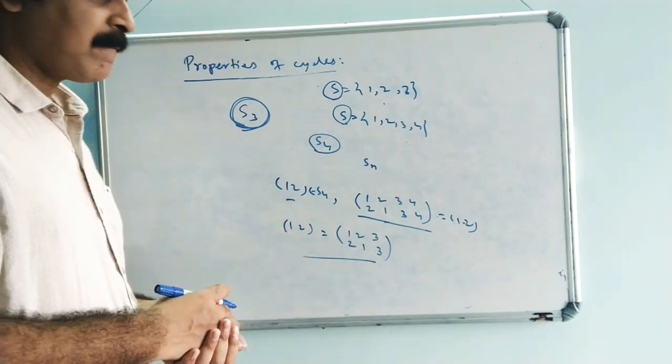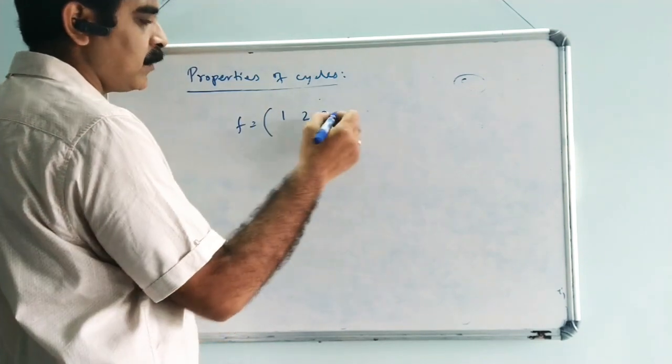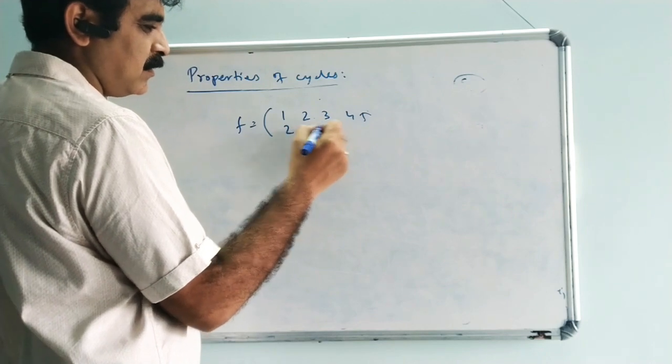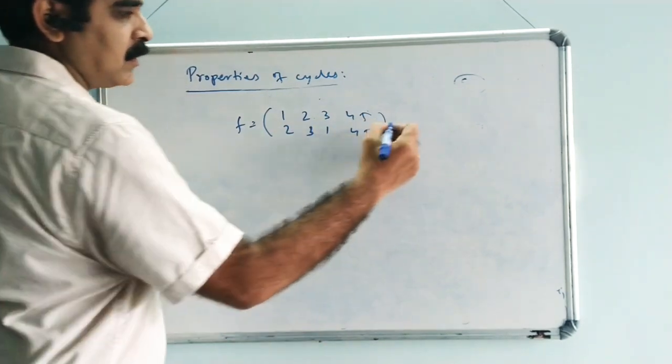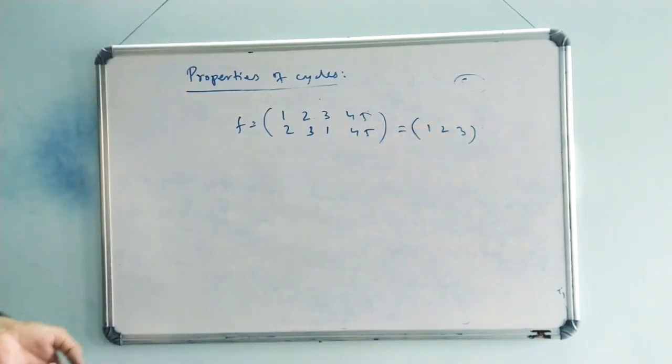Let f be any permutation on 1, 2, 3, 4, 5. We saw that these permutations can be written as cycles, like this (1 2 3) in S5.